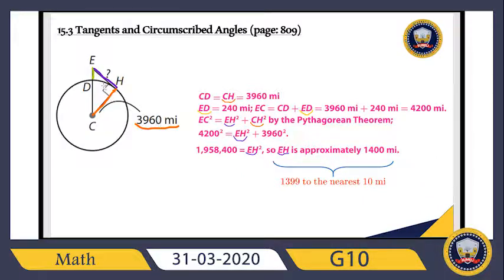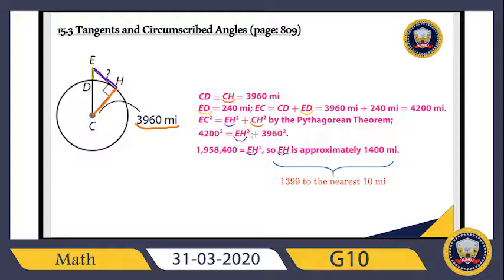Now, this triangle here is a right triangle. I am allowed to use the Pythagorean theorem. So, hypotenuse squared equals side squared plus side squared. Now, EC squared, which is 4,200 squared, equals EH squared, which is the unknown, plus 3,960 squared, which is the radius of the Earth.